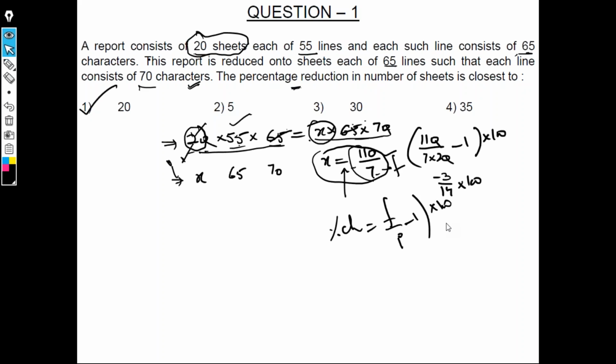So we basically also have to focus on what method to be used in order to save on time. Had the values been quite comfortable, I would have gone through the same. Is it done? Okay, guys, let's move on to next one. Good.